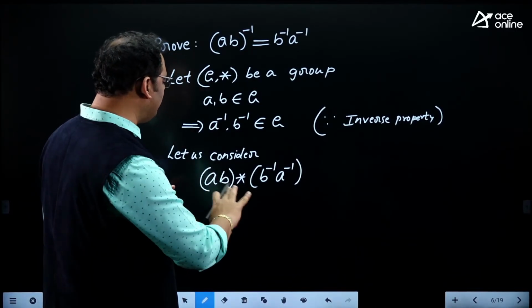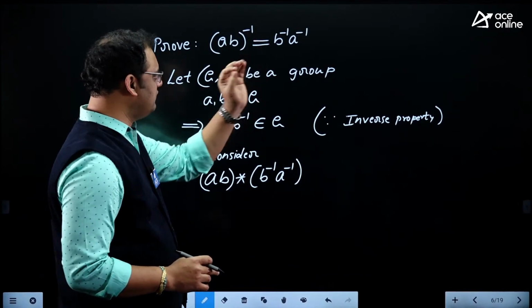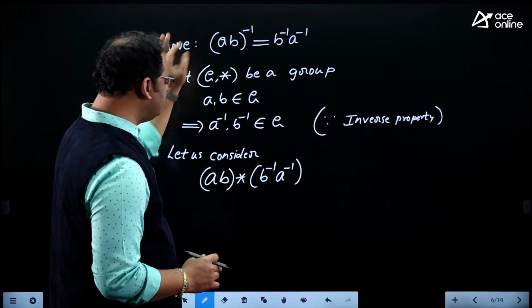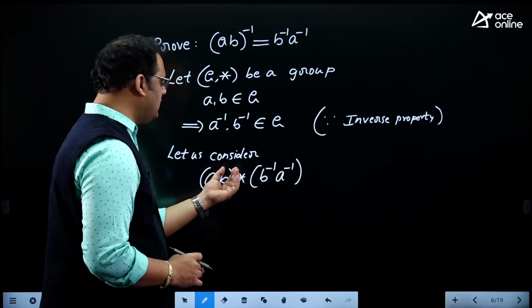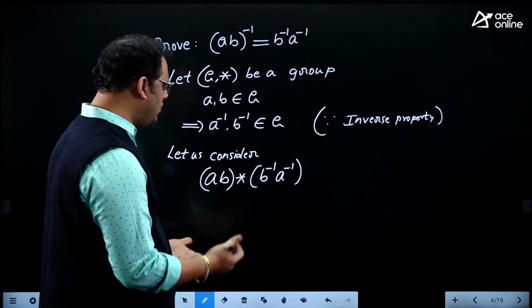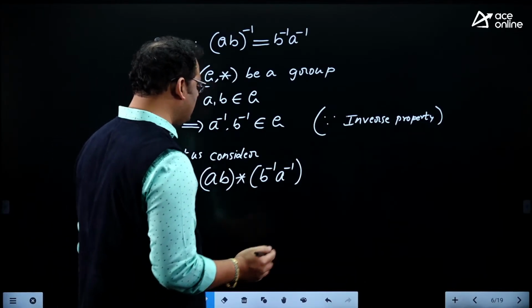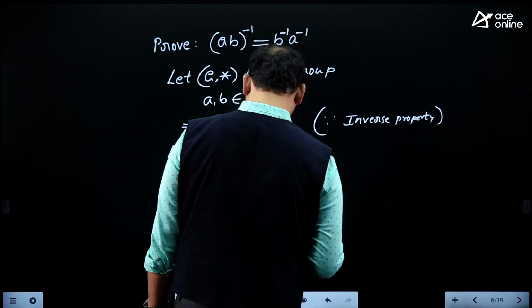My dear, the given format is AB whole inverse is equal to B inverse into A inverse. Just removing the inverse, I consider the elements in such a way that AB star B inverse A inverse. So let us operate this and see what we will get.